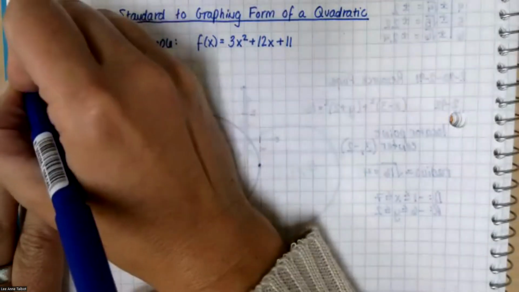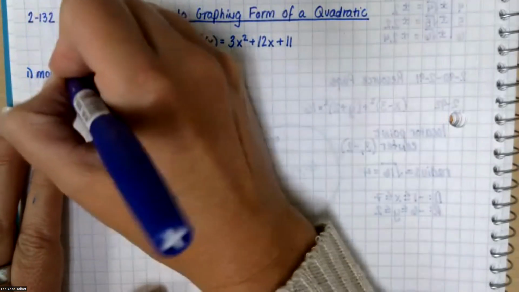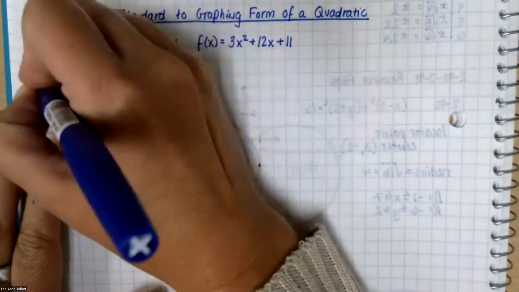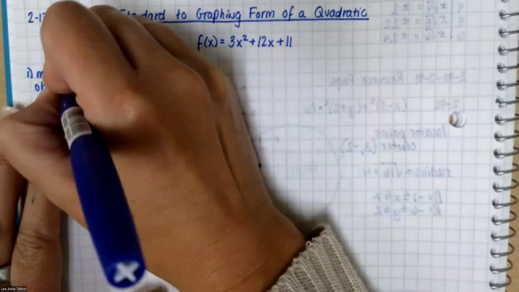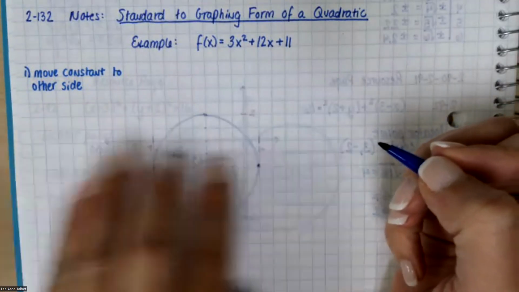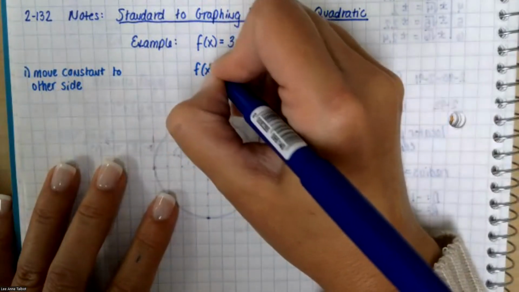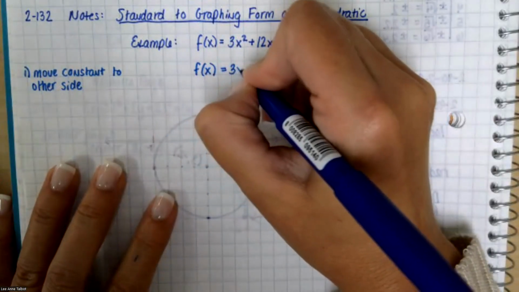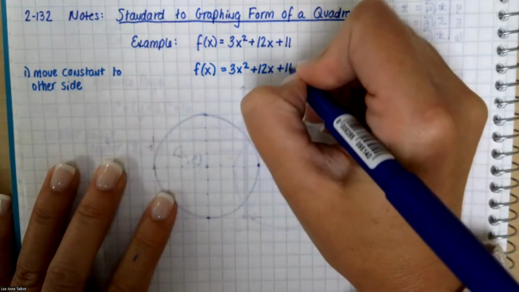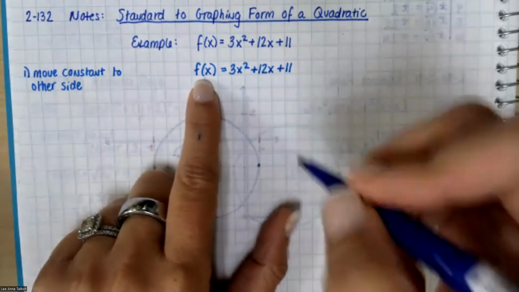Step 1. Move the constant to the other side. It's going to feel really weird moving the constant to the other side, because you can't subtract anything from f of x, really.